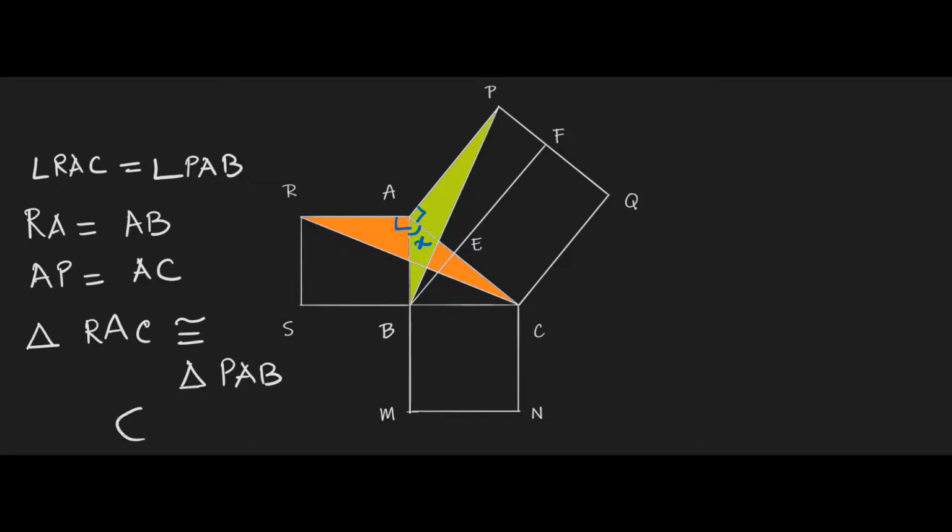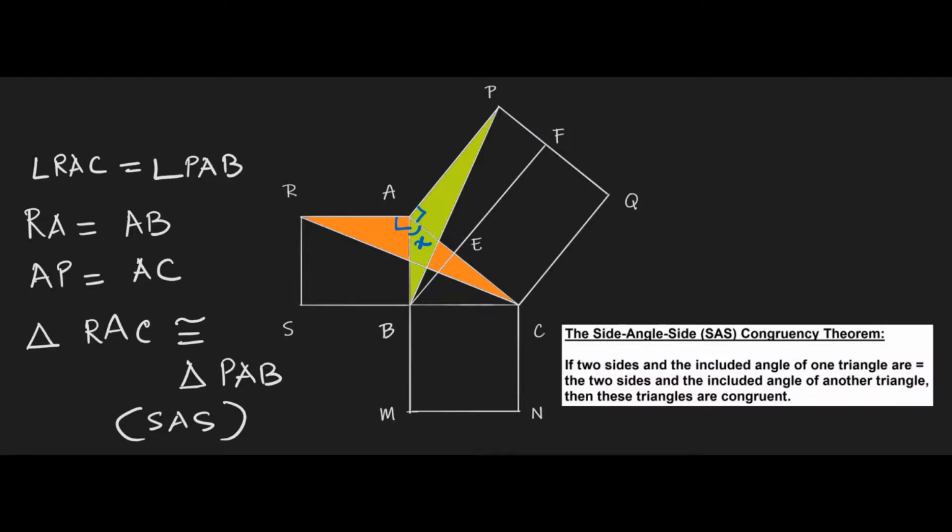This is according to the SAS congruency theorem, which states that if two sides and the included angle of one triangle are equal to the two sides and the included angle of another triangle, then the triangles are congruent. This means that the areas of the two triangles that are congruent are equal.